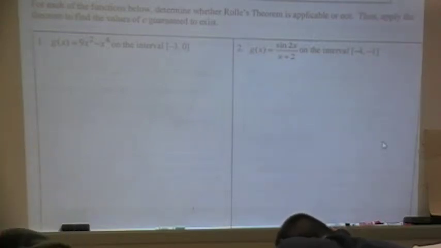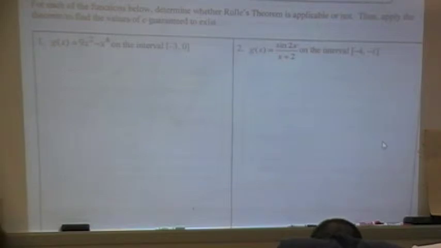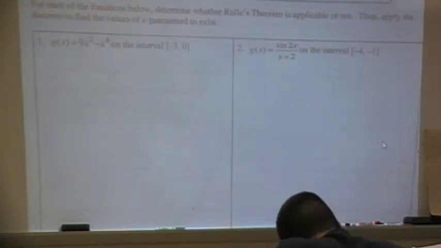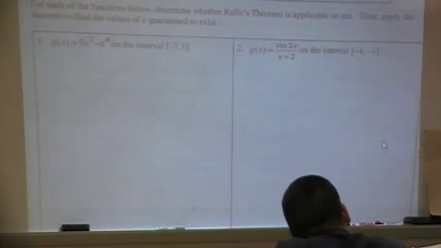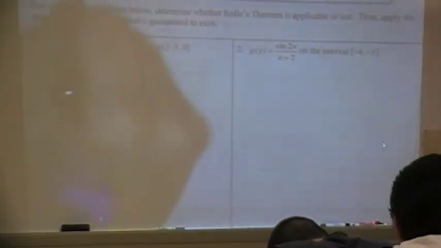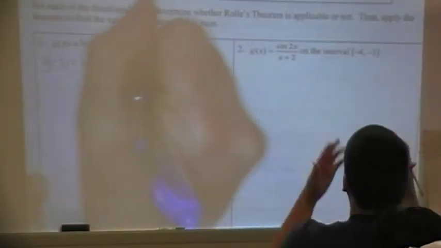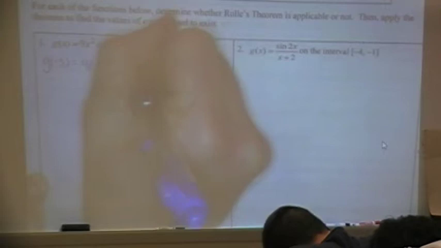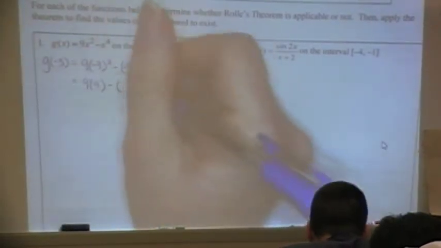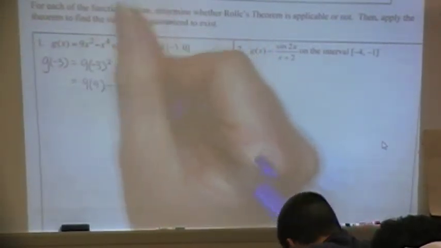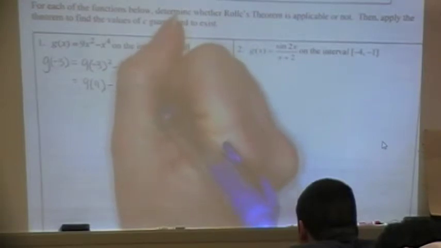So now the only other thing we need to know is, on the interval, is g of -3 equal to g of 0? Well, we're going to plug it in and find out.